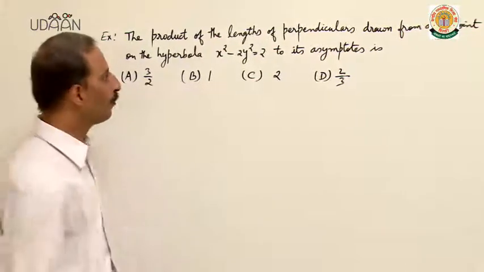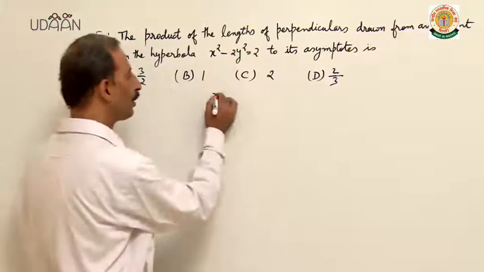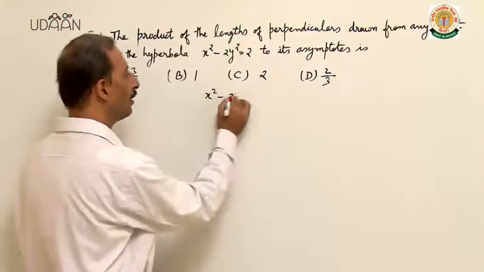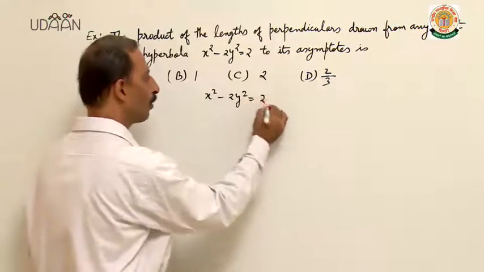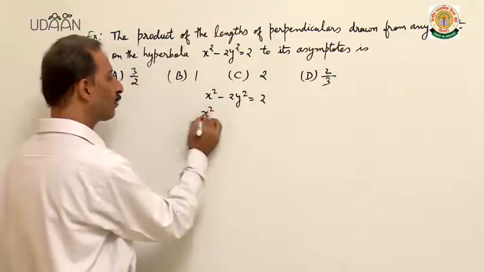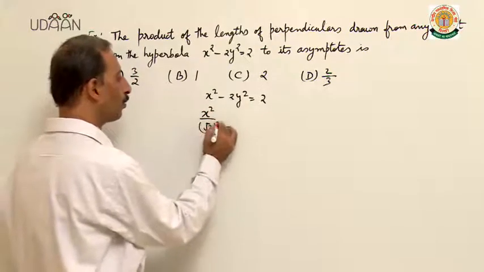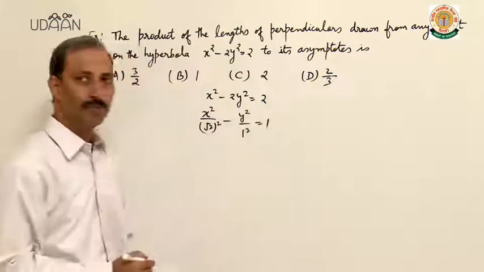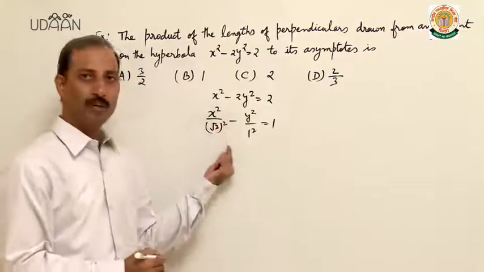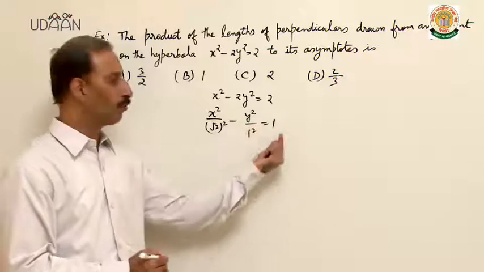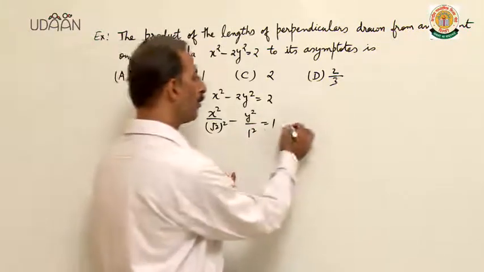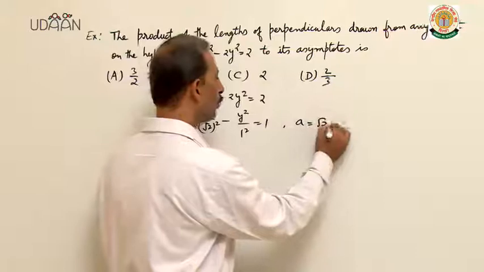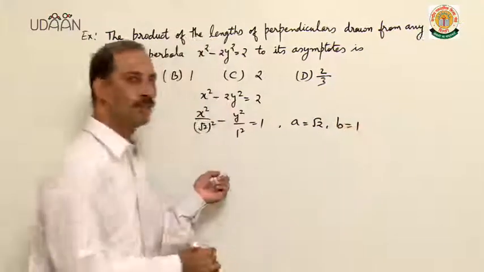So first of all, write down the equation of the hyperbola in standard form. Divide by 2, you will get x square upon root 2 square minus y square upon 1 square equal to 1. This is the standard form, x square upon a square minus y square upon b square equal to 1. So the value of a is root 2 and the value of b is 1.